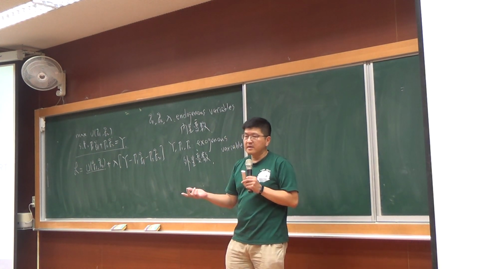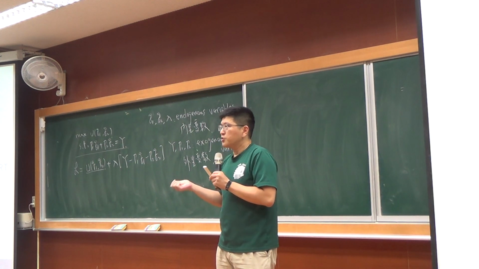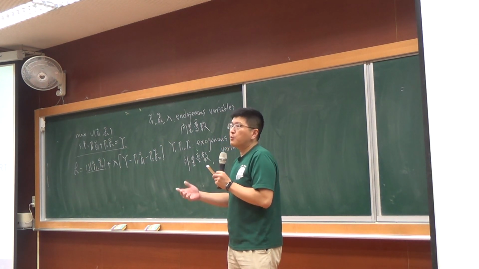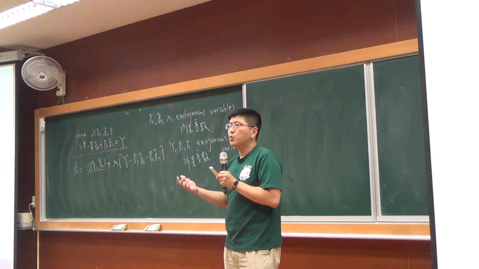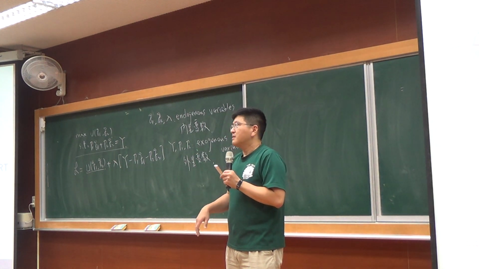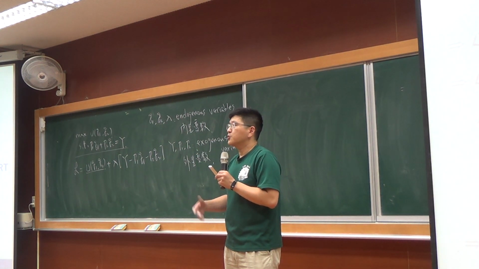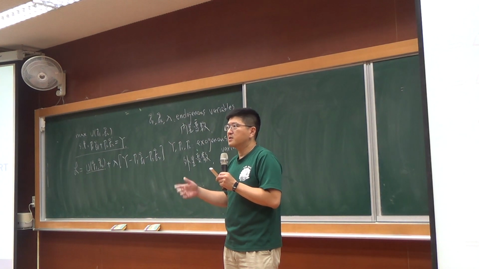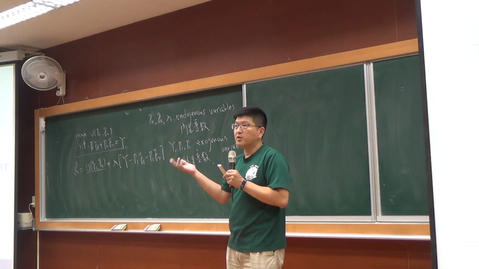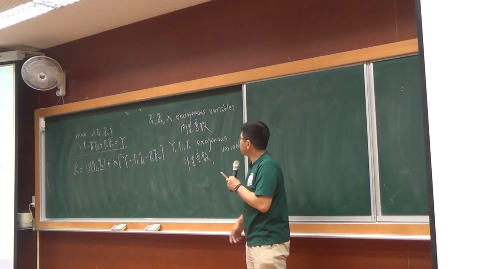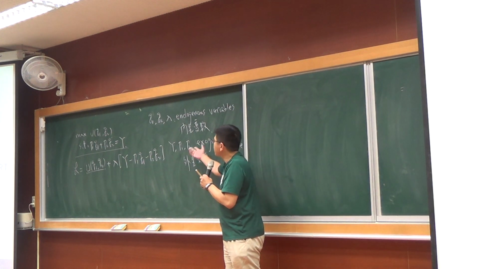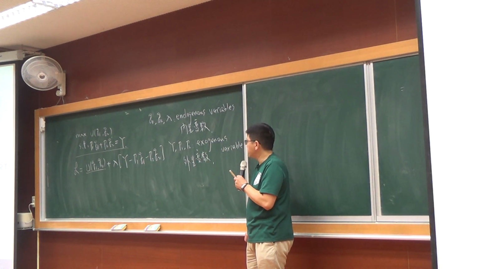So y, how much income do we have? P1, the price of good 1. We are just a single consumer. We cannot affect the market. So we are price takers. We cannot decide the price, and we cannot decide the price of good 2, P2.